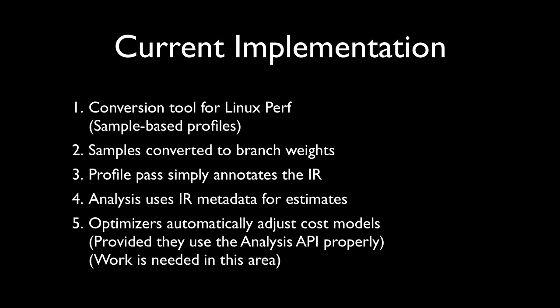Chandler will tell you which optimizers use them. I know that some of them use them because I grepped for the metadata and I saw it in various parts of the compiler. However, as I'll show you shortly, more work is needed here because it's not all good.